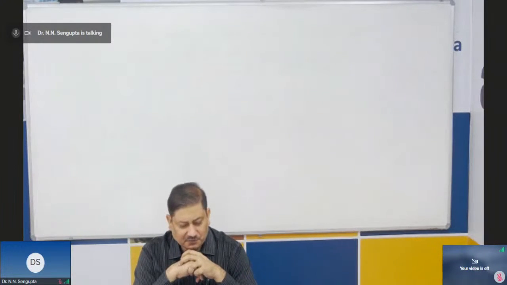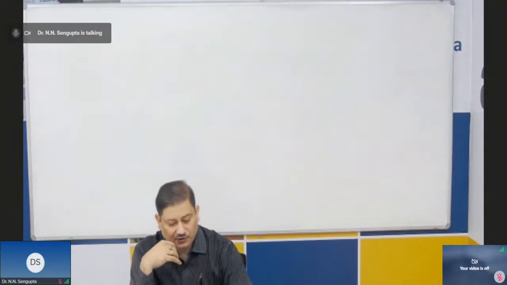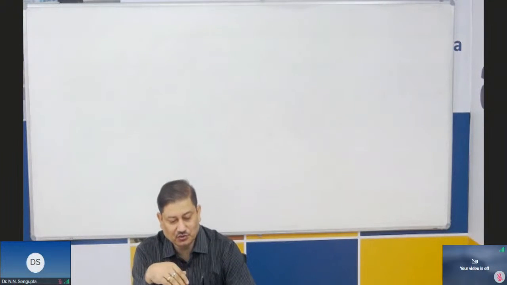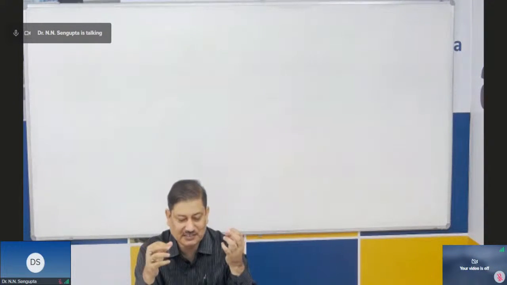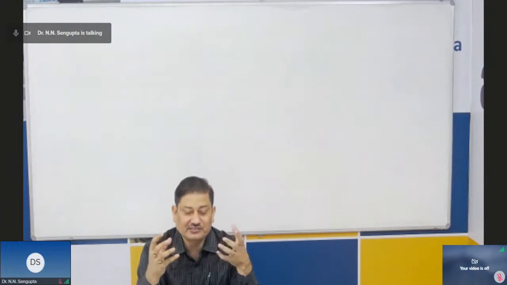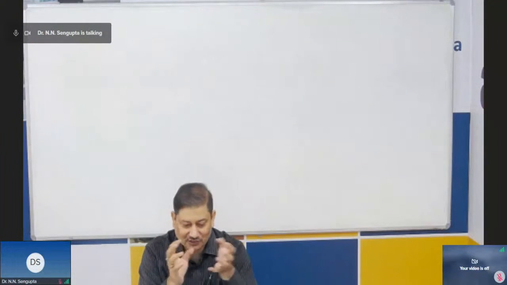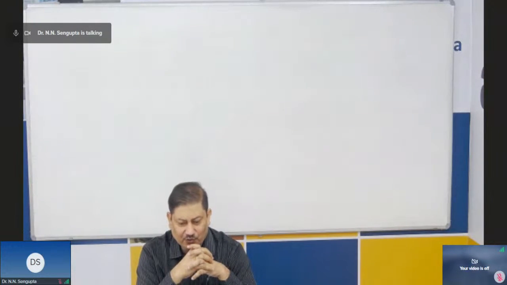Now, many times we have seen what students do: they practice the question with the solution. So the question is there and the solution is there. What you are trying to do is basically audit the questions, in layman's terms. You're trying to see whether the solution is correct or not, which is not required at all.